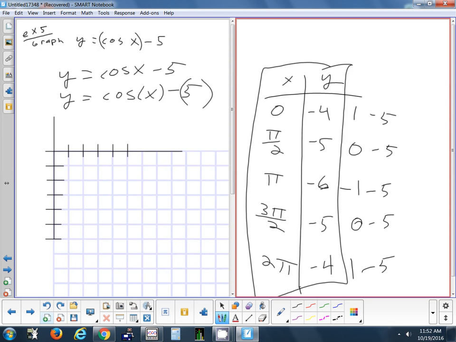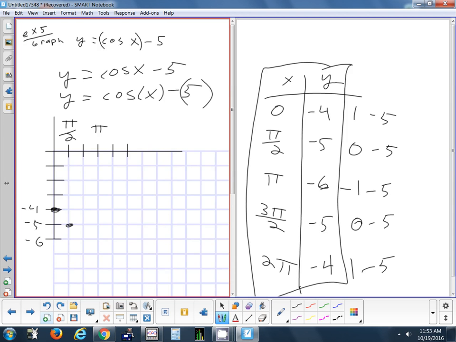So now we'll just graph those values and we're good. So 0, -4. Okay, pi over 2, -5. Where am I at? Pi, -6. Wait, I'm off one. I'm going to label these first. Pi over 2, pi, 3 pi over 2, 2 pi.